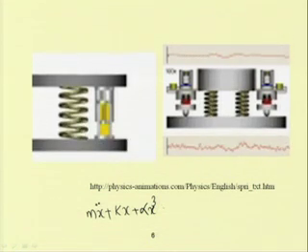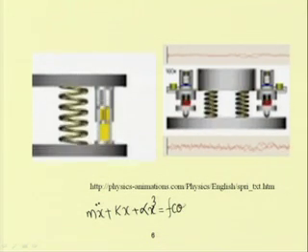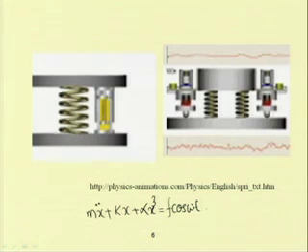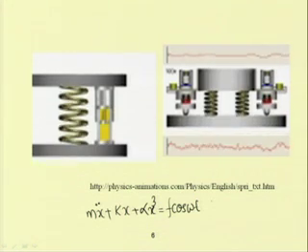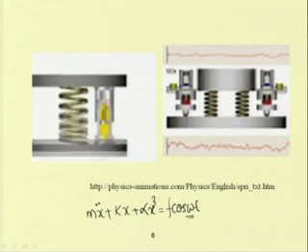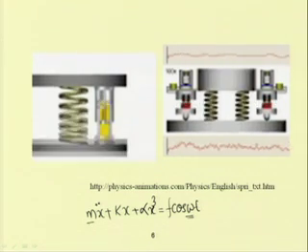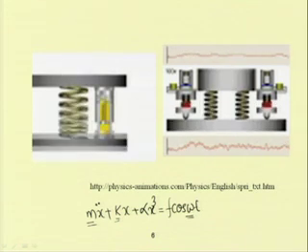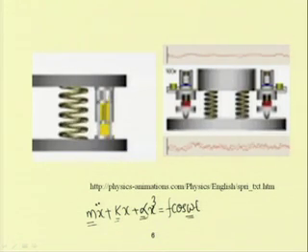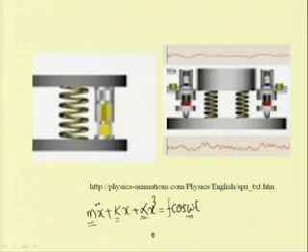For free vibration this is equal to 0, or for forced vibration it equals f cos or sin omega t. Here f is the forcing amplitude, omega is the frequency, m is the mass, k is the stiffness, and alpha is the coefficient of the nonlinear term.